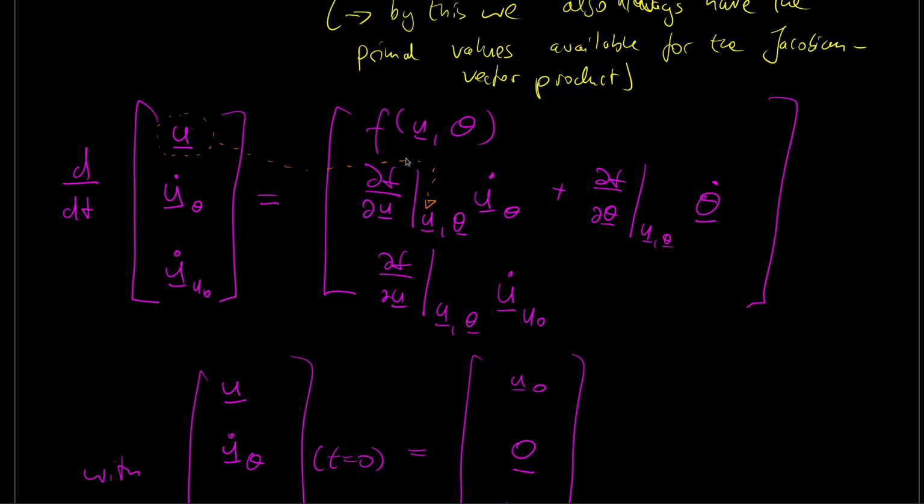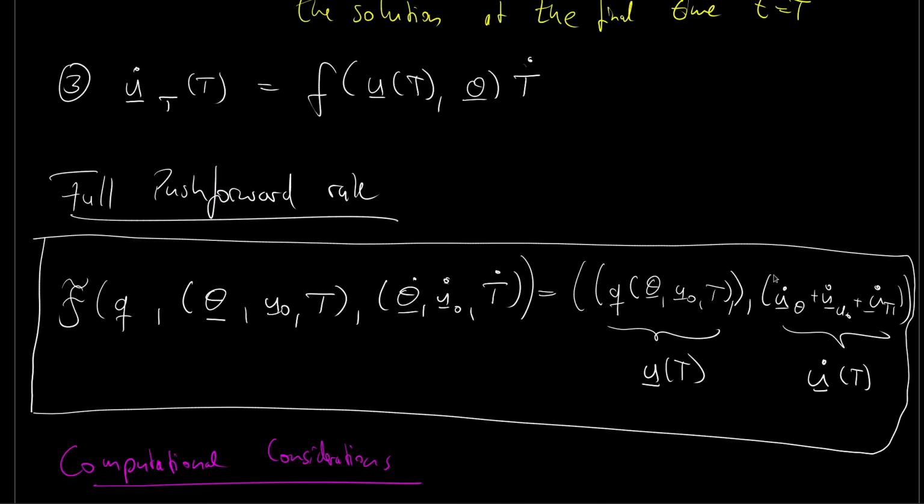It might introduce some additional overhead that we might have to accept, but in general, it will not cause us any exponential or polynomial additional cost. And it's an interesting feature of automatic differentiation, or here in that case, you might also call this the tangent linear propagation.